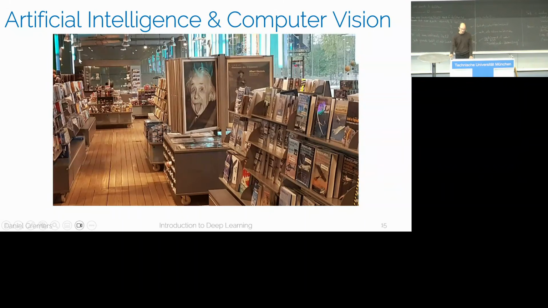This is a picture I took when I gave a talk in the German museum earlier this year. It's the museum shop. And what amazes me is how we as humans, we can look into this world and we can see things and we can recognize things like Einstein here, right? In fractions of a second.